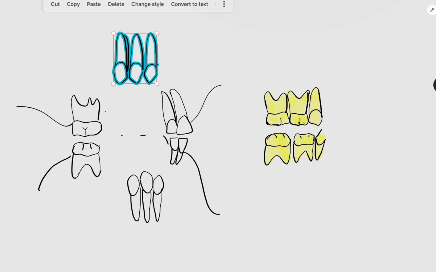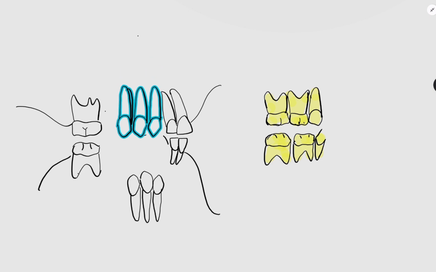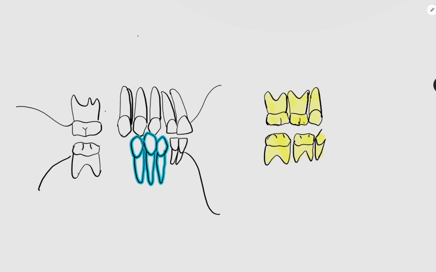When the permanent canine and incisors come into occlusion like this, you will see that there is more space available in the mandibular teeth. This is your maxilla and this is your mandible, and the mandibular dentition has more space compared to the maxilla.